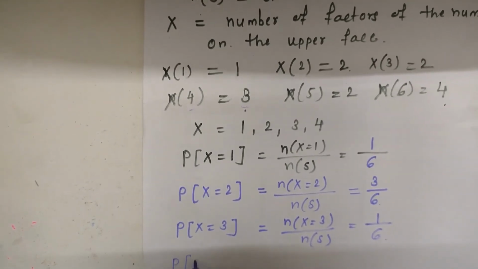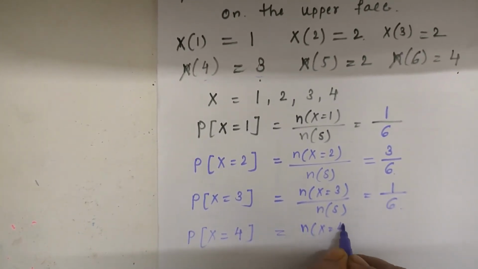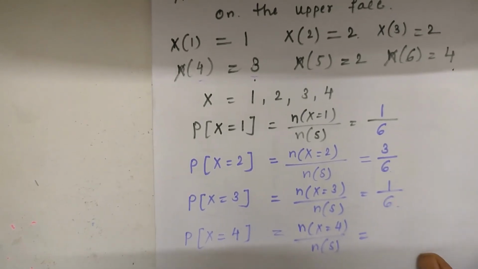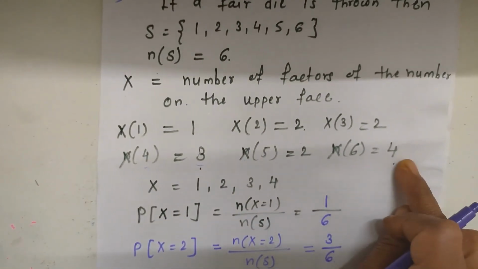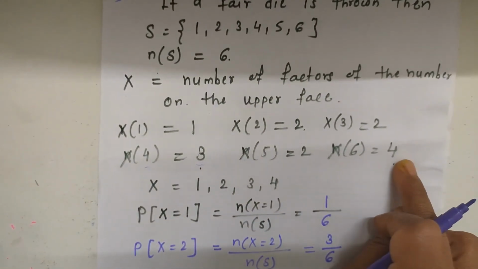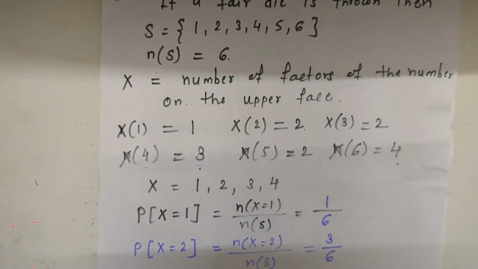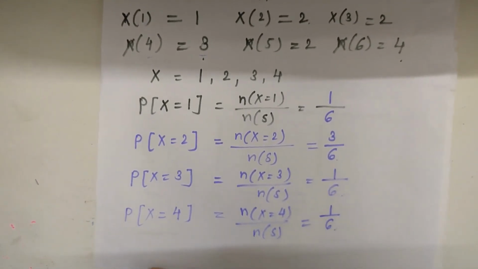Probability for x equal to 4: there is only one number whose number of factors is 4, so the probability is 1 upon 6.